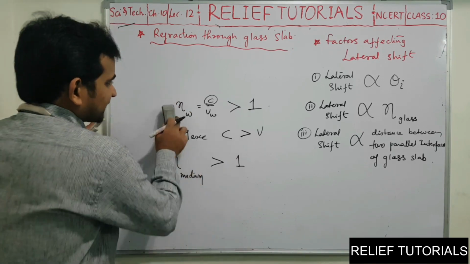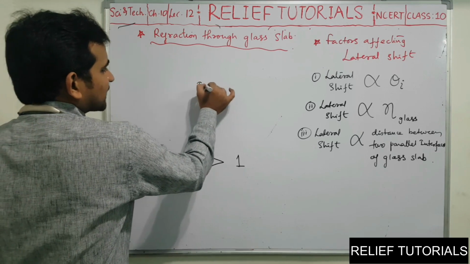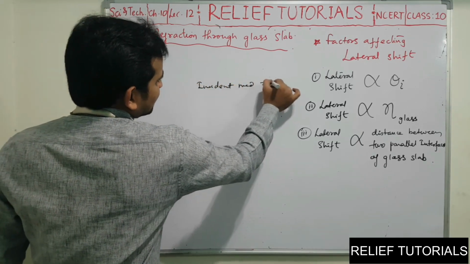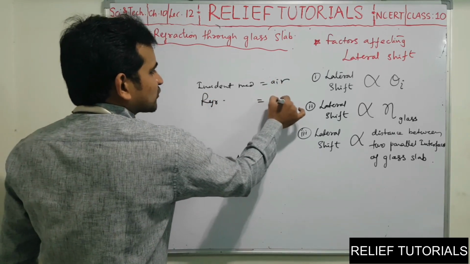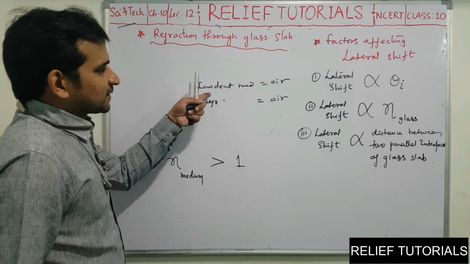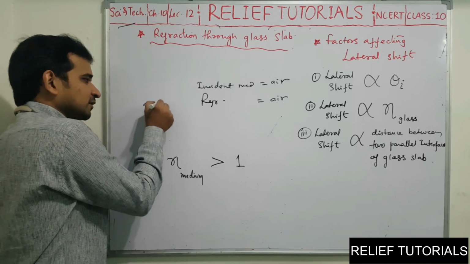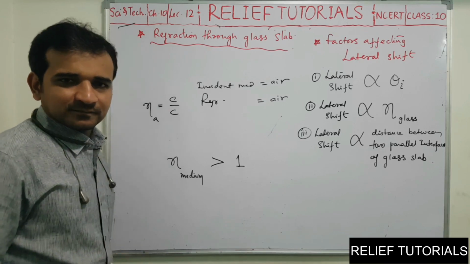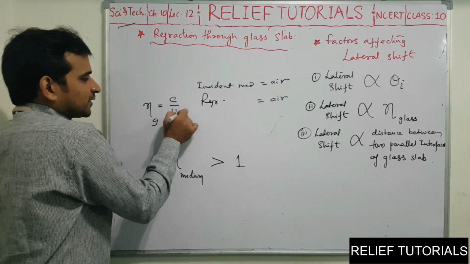One thing. Second thing, if I say the incident medium is air, and the refracting medium is also air, then what will the formula for absolute refractive index be? C by C. If I say here is glass, then it will be C by Vg.